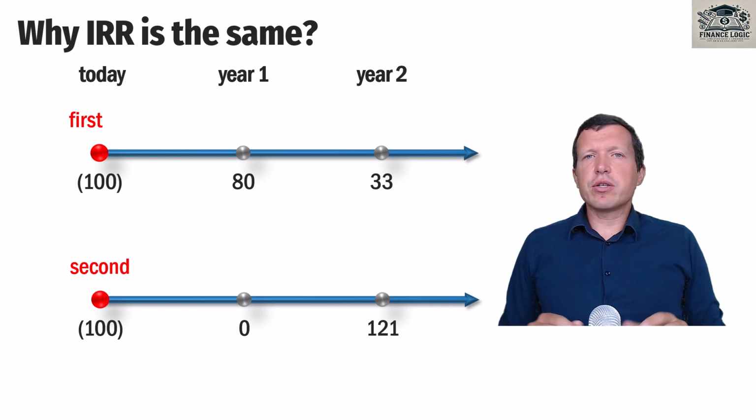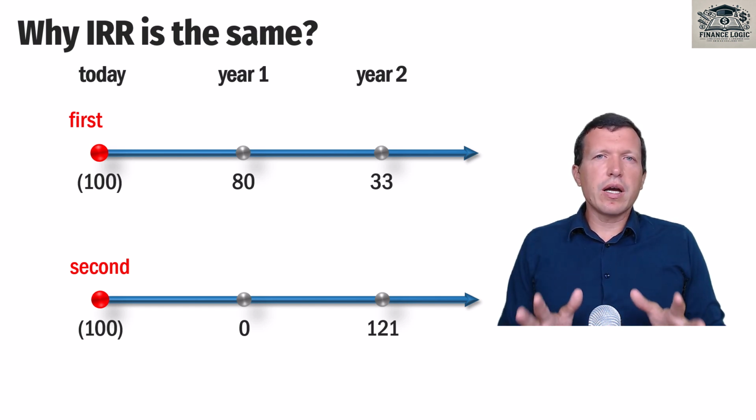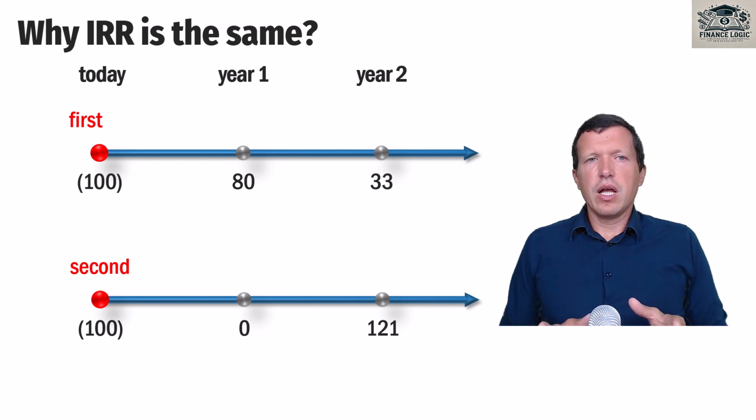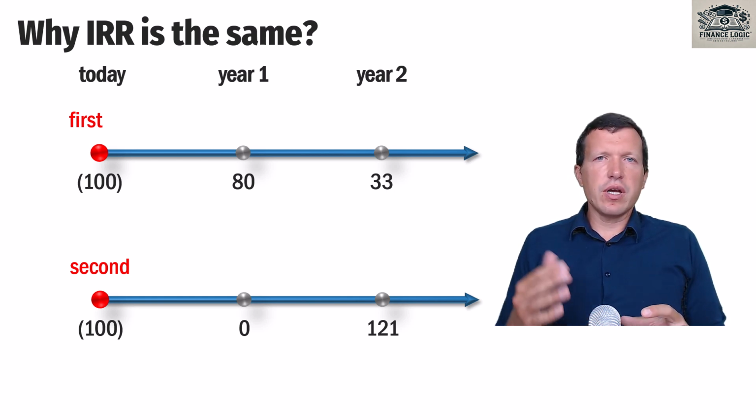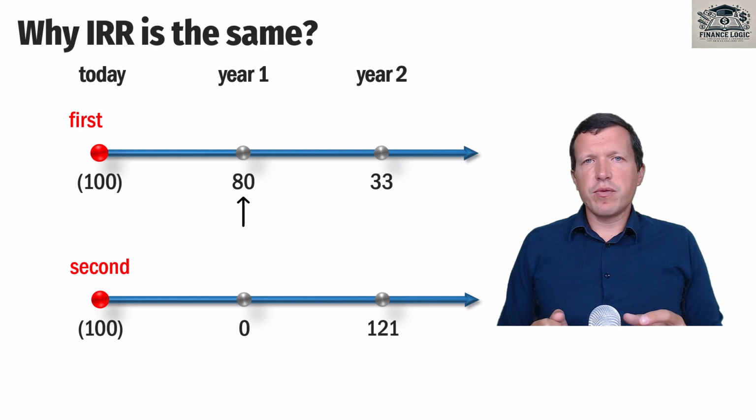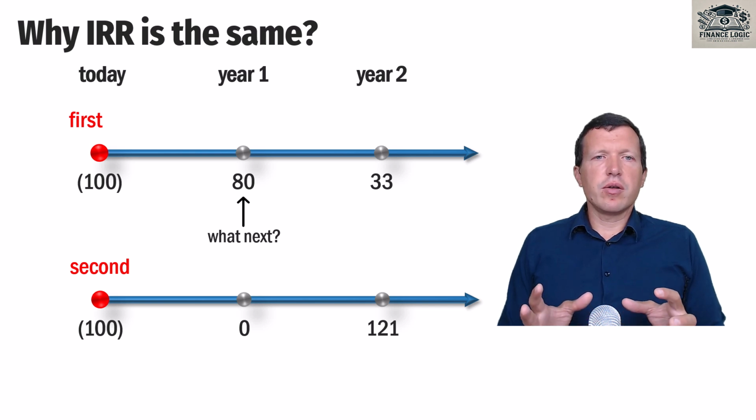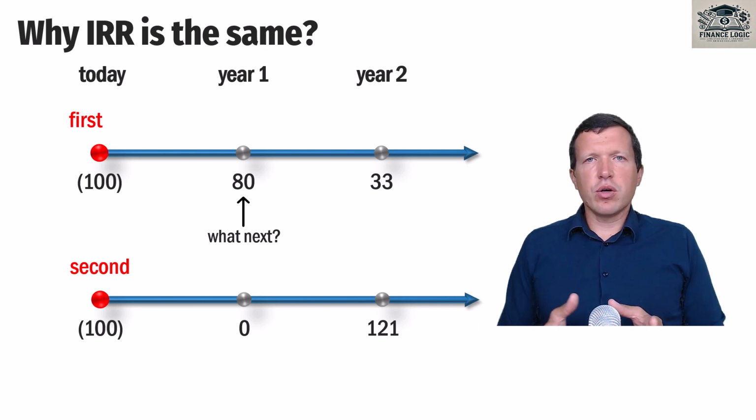So now let's go back to the numbers and try to answer why IRRs are the same. Let's think about the first project. In year number 1, we receive a cash benefit of 80, and what do we need to do with this money? So what is next? The project still lasts, it's not finished, and we need to do something about this money.